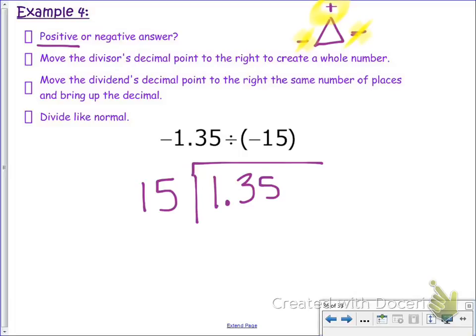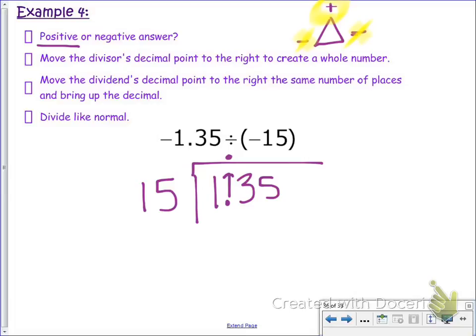It does not hurt my process at all. So, in order to keep track of that decimal, we bring the decimal up onto our division bar house. You just bring it directly up, and it keeps track of it right there. Then you just treat it like a normal division problem.